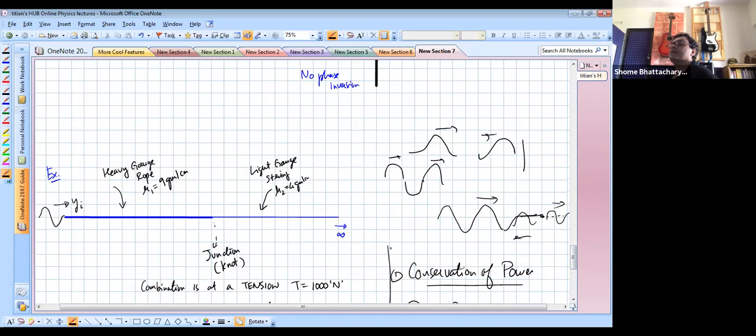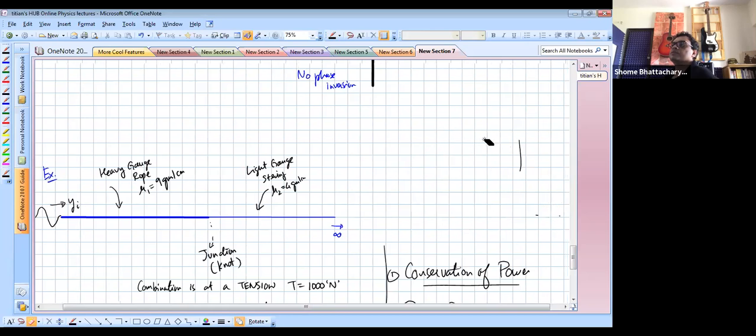So they will all reflect back in phase over here without any phase inversion, because the string on the other side is lighter compared to this one, so it is not going to offer any resistance, because its inertia is less than this. So this point can go freely up and down. It is not hindered too much by the lighter string on the other side. So it will act like a soft boundary or a flexible boundary.